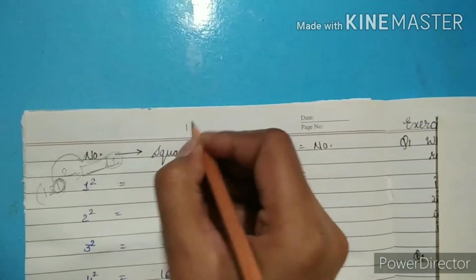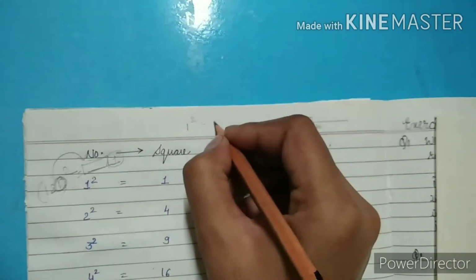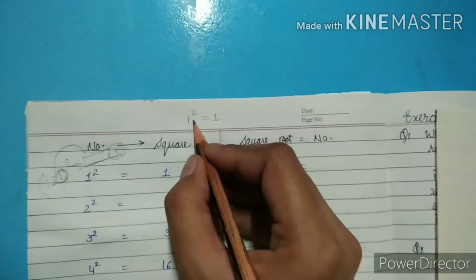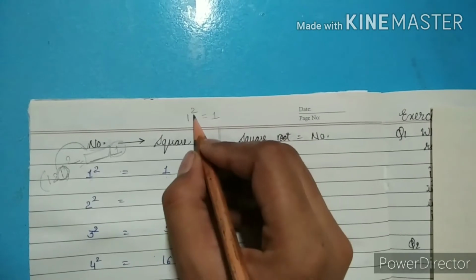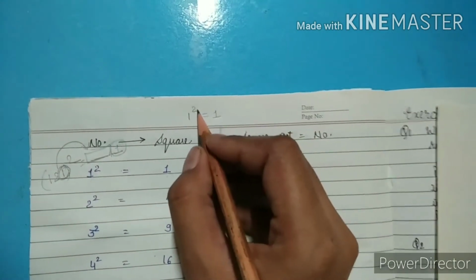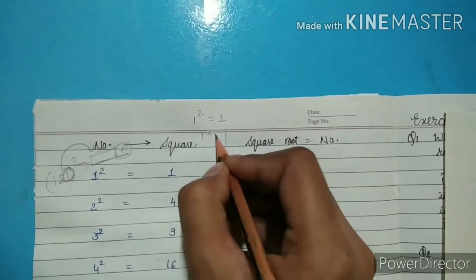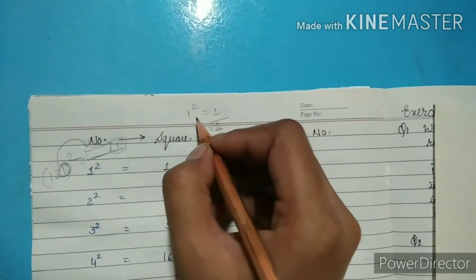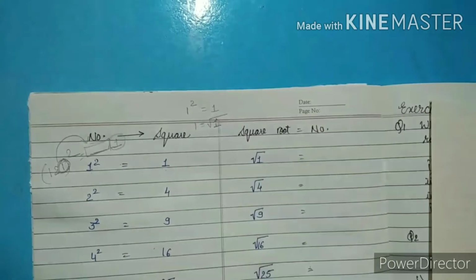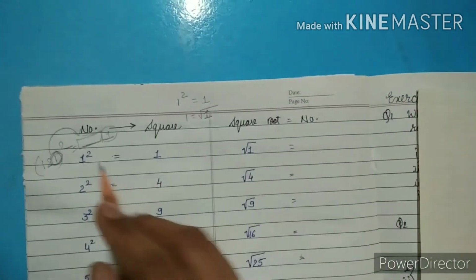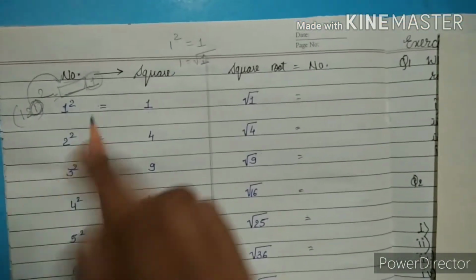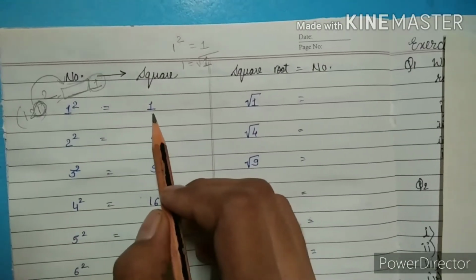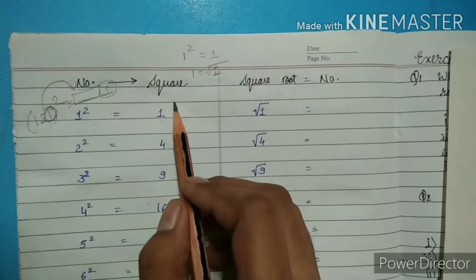As you can see, we have 1 square equal to 1. When I remove this square symbol, it becomes an under root on the opposite side.